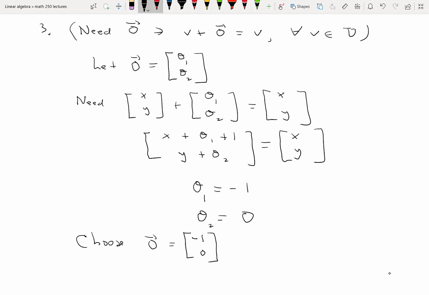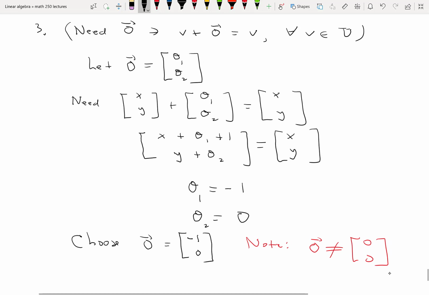Note, the 0 vector is not equal to the 0 vector in our previous R2, where the definitions of addition and scalar multiplication were very different. Okay, so as soon as you find a 0 vector, you're done with 3.